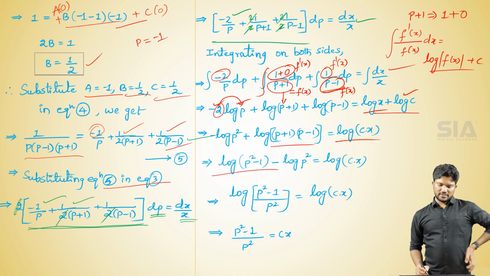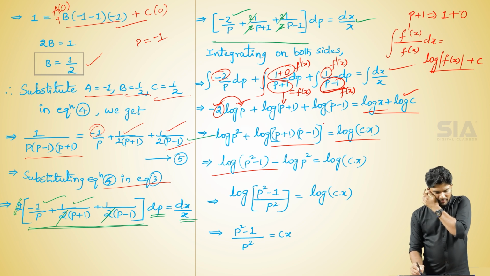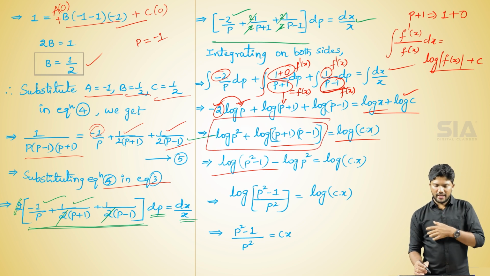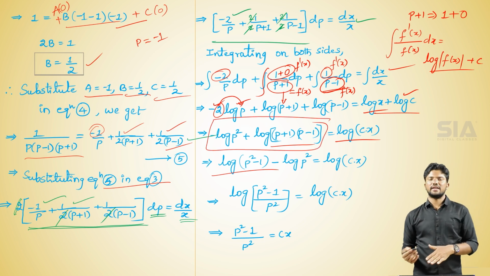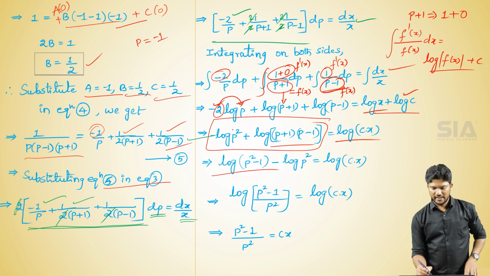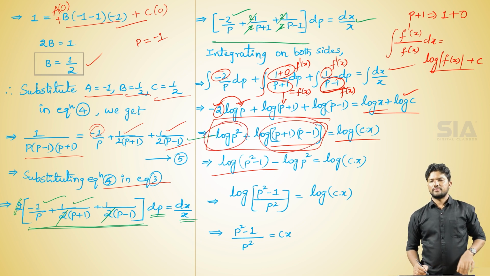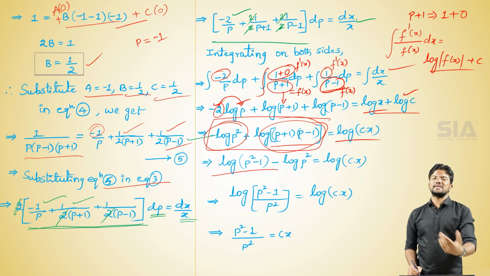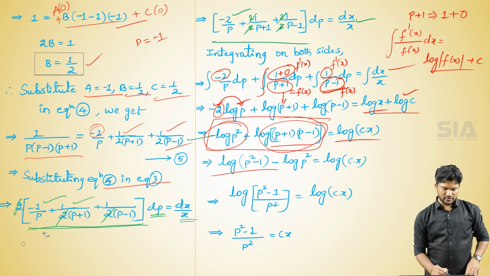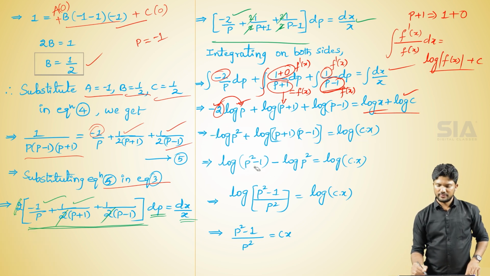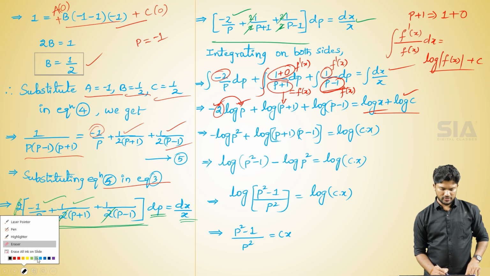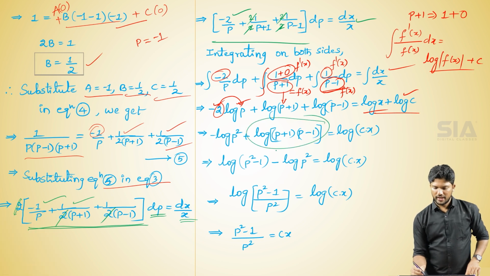So log a plus log a minus log b. Here you have the minus for the first term, take it as log b, and log a minus log b.